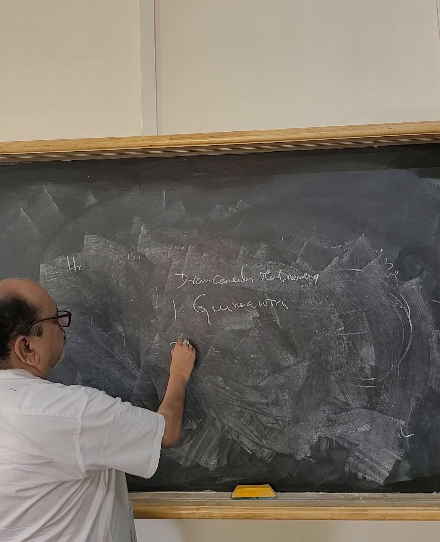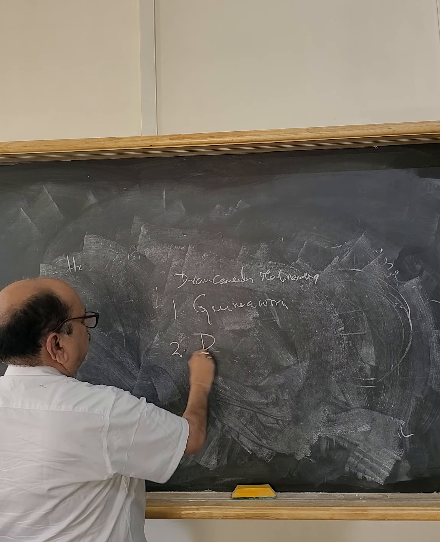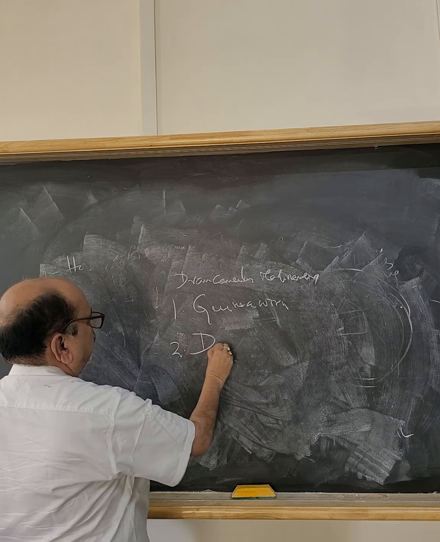Number 2, Diphyllobothrium latum, that is fish tapeworm. First, Cyclops. The second one has 2 intermediate hosts. First is Cyclops, next is fish.